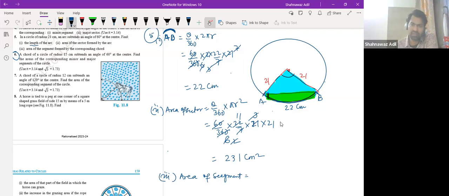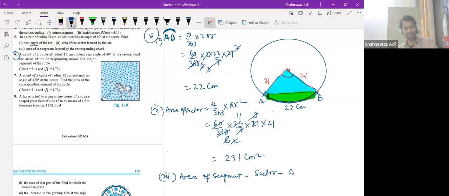No, no, area of this green one. Area of sector minus the area of triangle. Yeah, so sector minus the triangle, right? So major sector plus, not, we are not calculating the major segment.